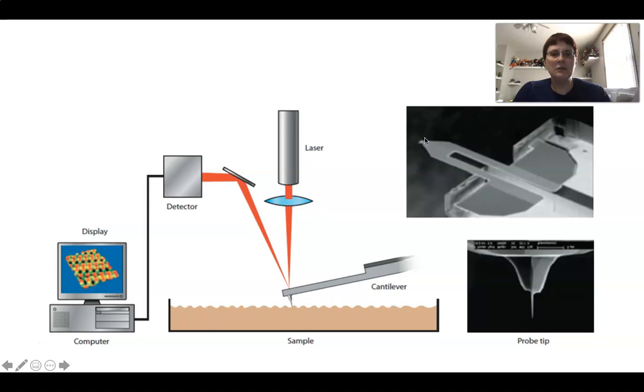Here's the probe tip out here, and that cantilever runs across the surface of the sample, so it bounces up and down. Every time it hits an atom, it goes up, and when it gets in between the atoms, it goes down. As it goes up and down, the laser light bounces up and down, and that's what's measured by the detector and then translated by the computer.